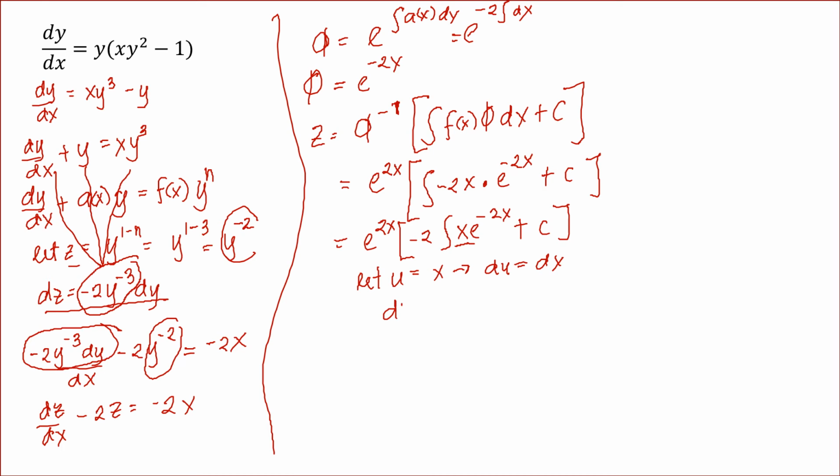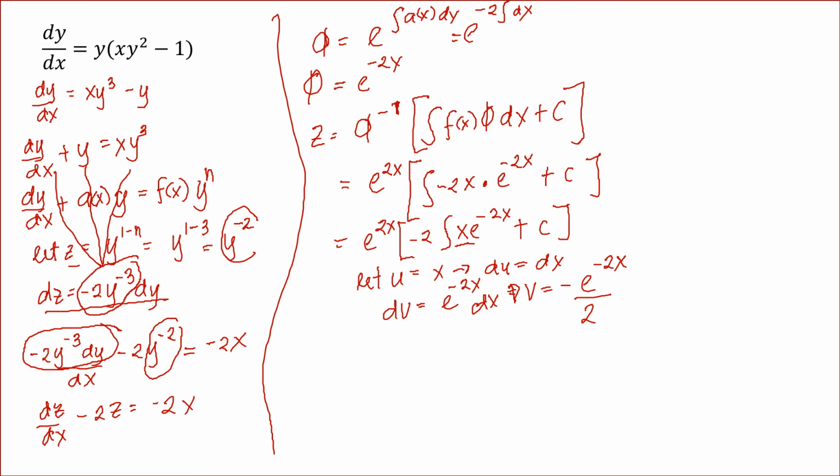Let dv = e^(-2x) dx, so v is the integral, which is -e^(-2x)/2.